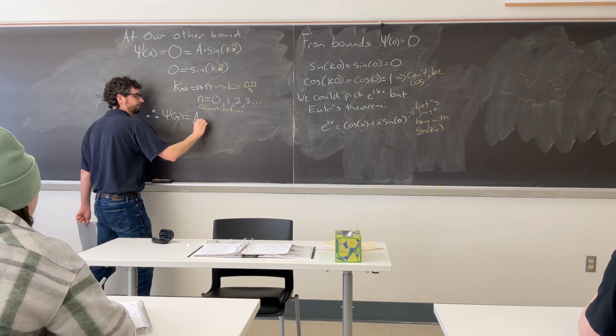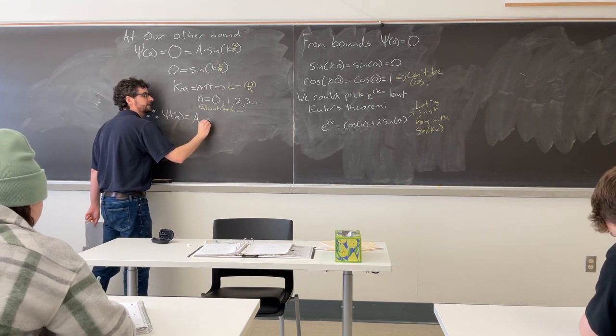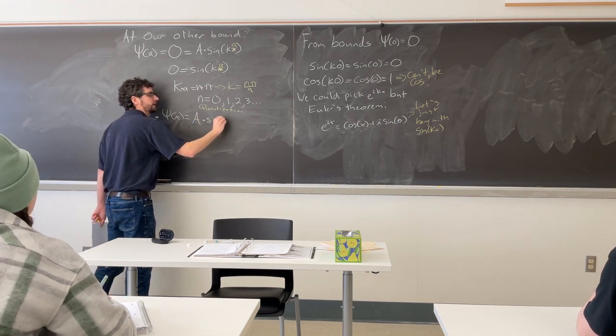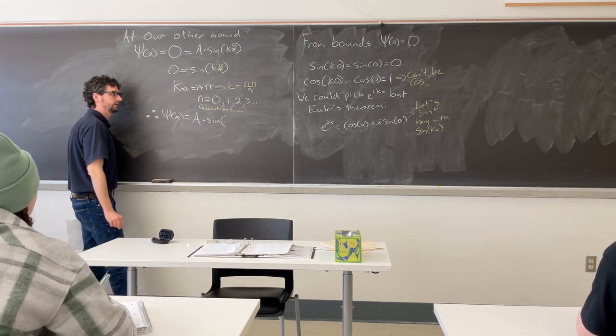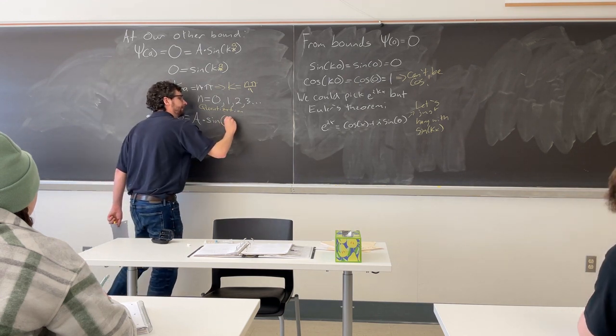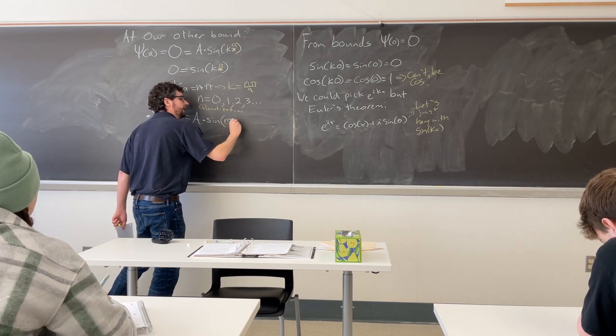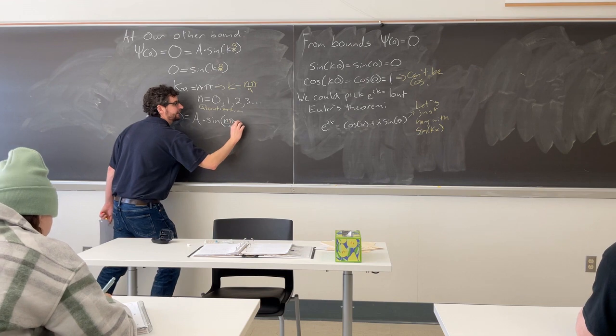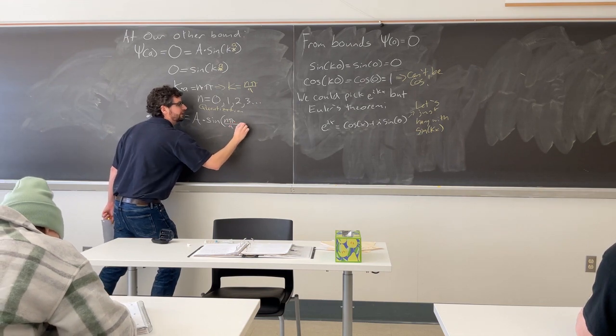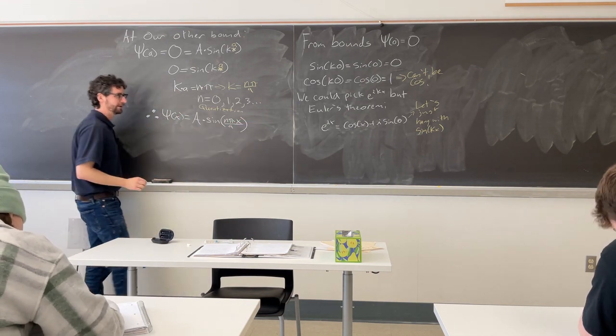A times... Yep. What's our k equal to again? Yep. A, and this is at any point x. I'm going to actually just put it up top here. I like the way it looks.